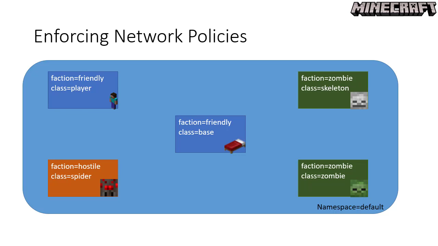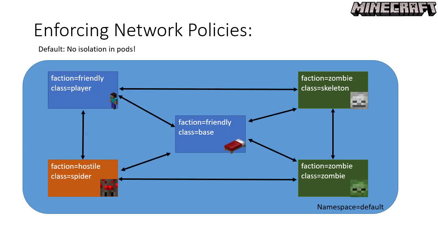So imagine you have 5 pods in your cluster with the following labels. By default, pods have no isolation whatsoever. So in other words, any given pod can access all the other pods and resources in your cluster. There could be many cases where this isn't desired, such as protecting sensitive information stored in a database of some sort, or simply limiting access to specific files.